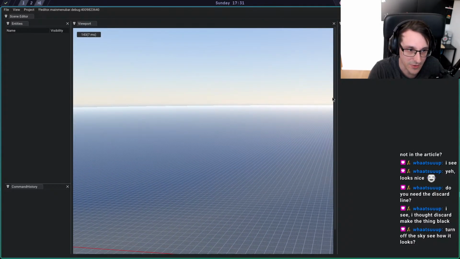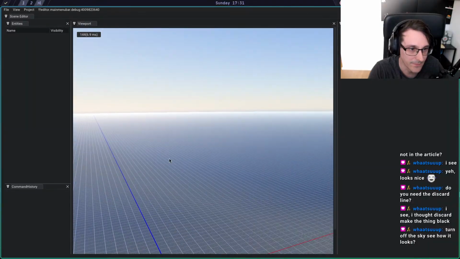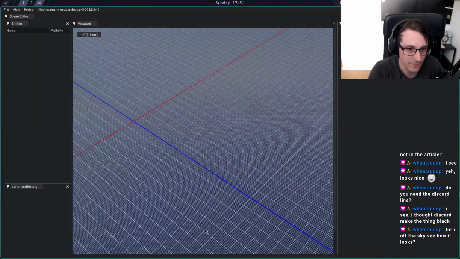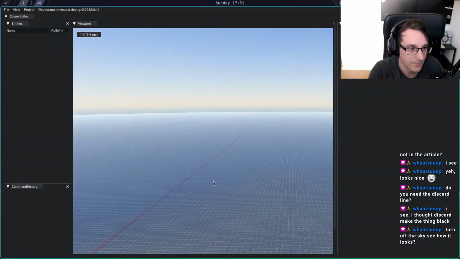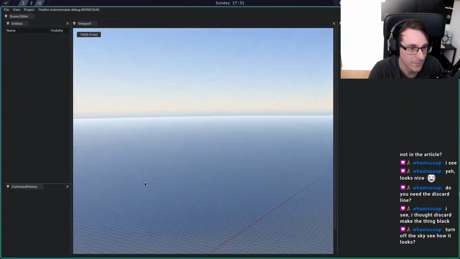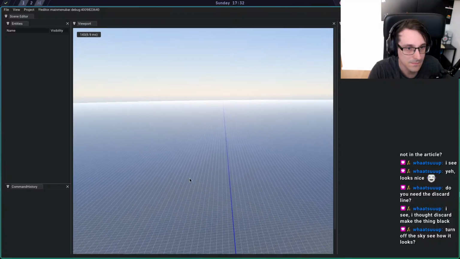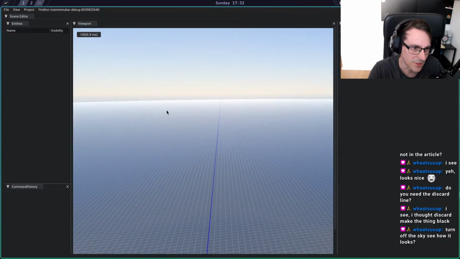This is the edge of the grid, not the edge of the... Yeah, I'm wondering if I can do something about that aliasing there.